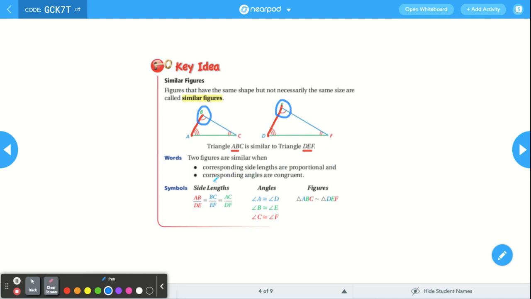And the second rule is that the corresponding angles are congruent. So make sure that you write down these two rules and the definition of a similar figure. And it'd be probably a good idea to copy down this as an example.